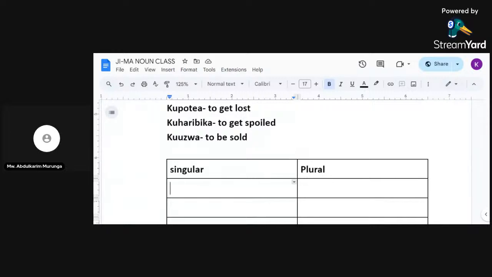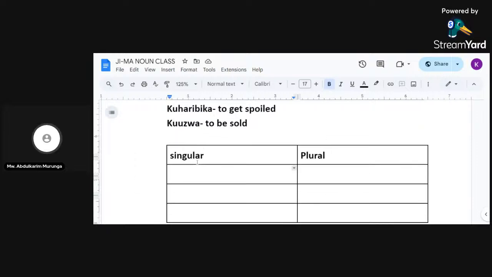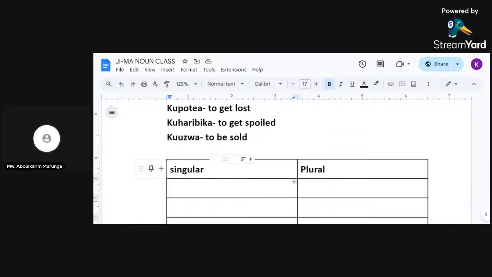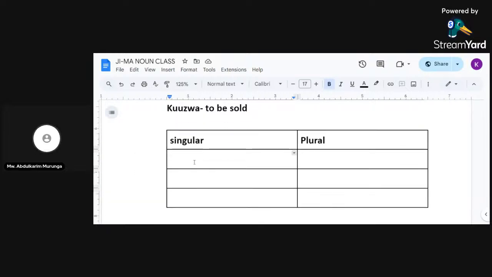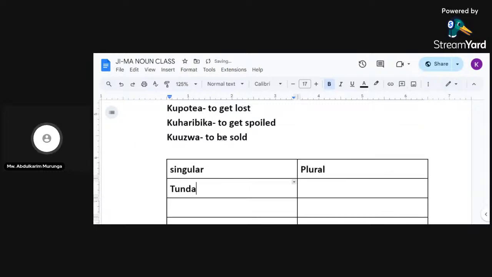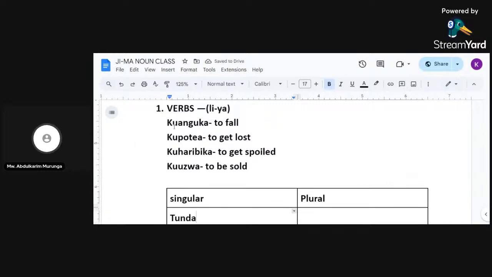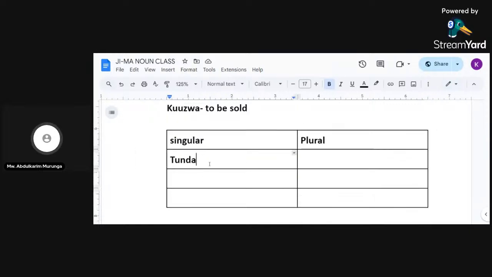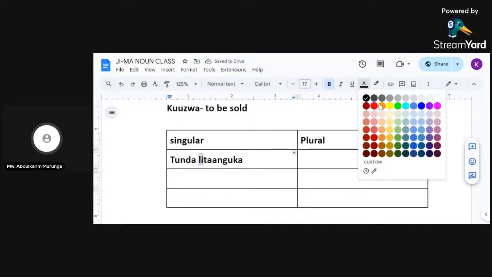The word here is, we can use the word tunda. Tunda is a fruit. The verb is to fall, kuanguka. So we say tunda litaanguka. It means the fruit will fall.